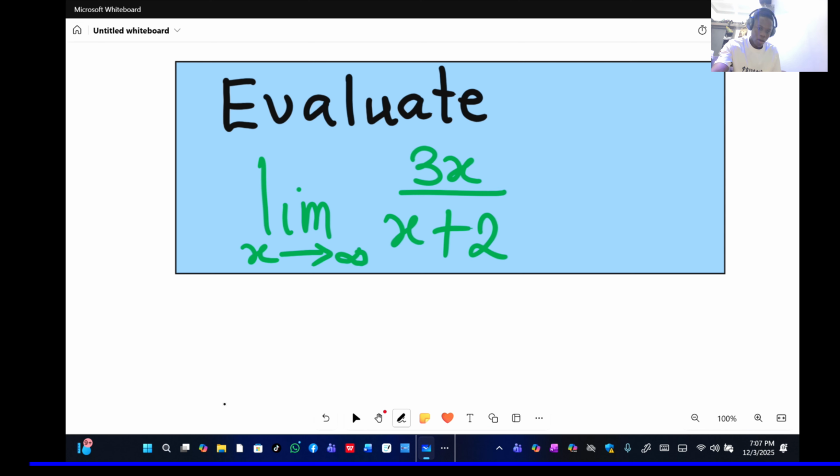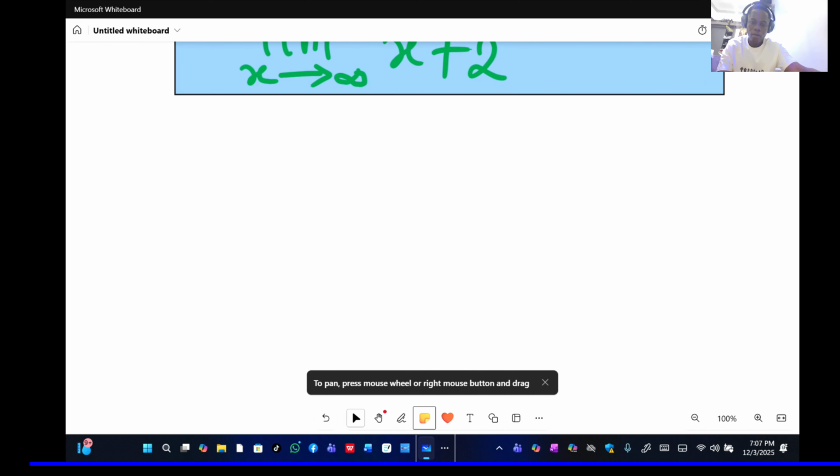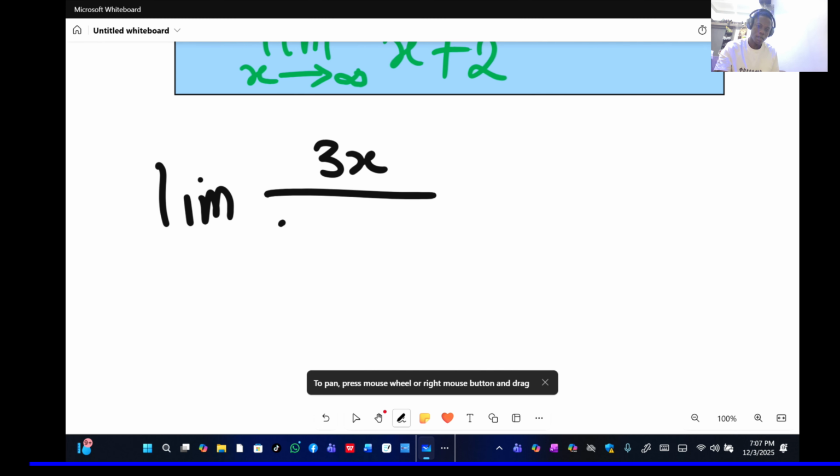All right. So we have the limit of the function 3x divided by x plus 2 as the input x approaches positive infinity.